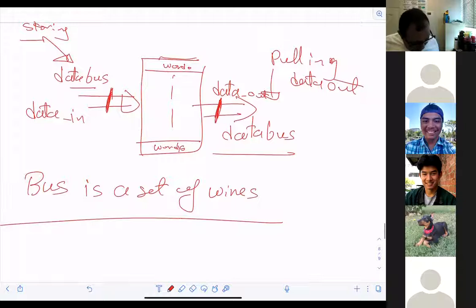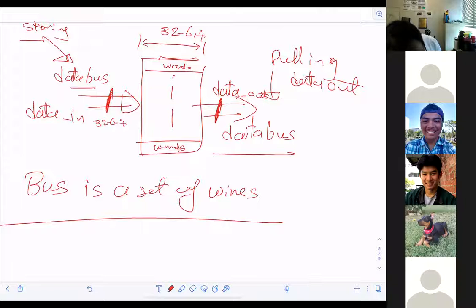So this bus has the size of the word. And we said this word is how many bits? 32-bit. Sounds good? Okay. So in that case, this is 32-bit and this is 32-bit. Any questions so far?